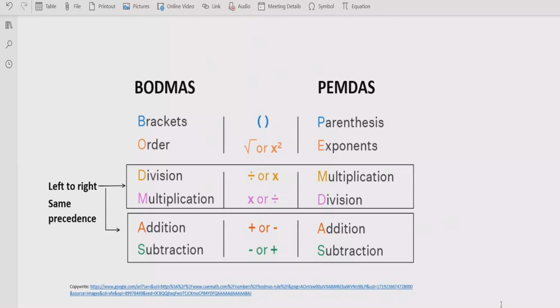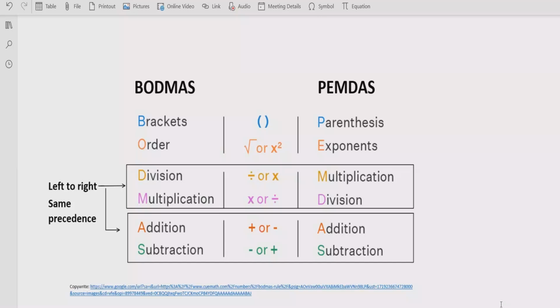Rule number two is that after the bracket, you have to handle any exponent or power of a number. If your expression contains any number with a power or exponent, you solve that next. Rule number three is that you have to solve division and multiplication in your expression.